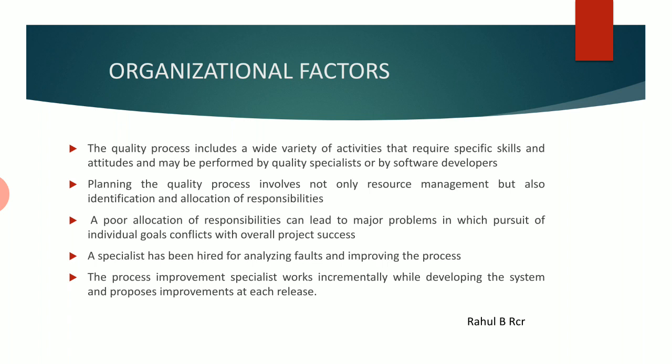If a person does not know how to perform a particular task, or is assigned the same task repeatedly, he may not be able to do it properly, so it will lead to fatal errors. Then a specialist is hired for analyzing faults and improving the process.